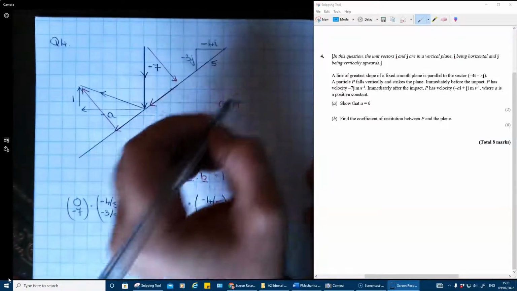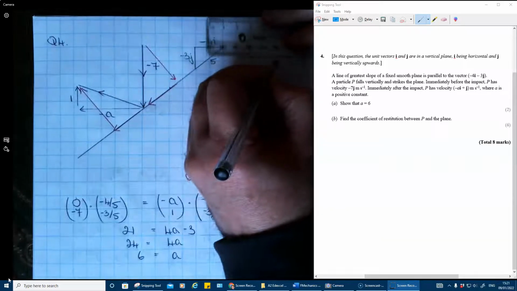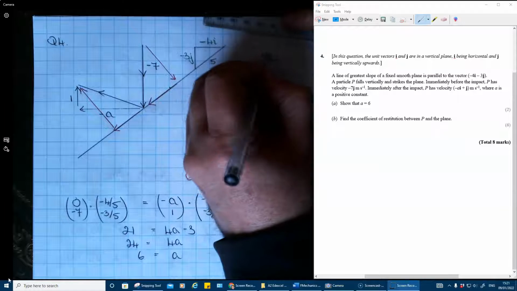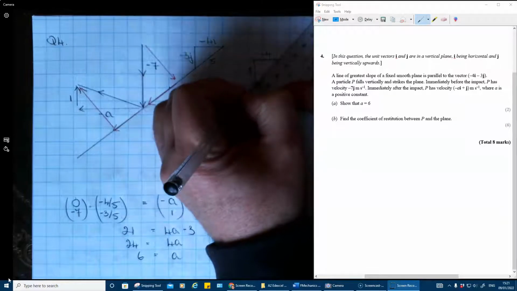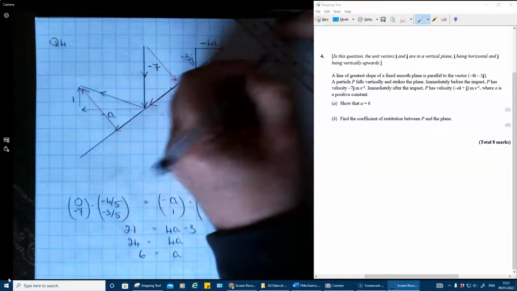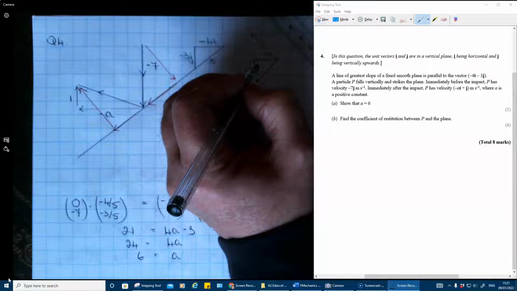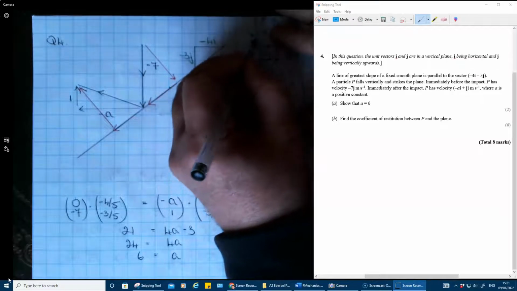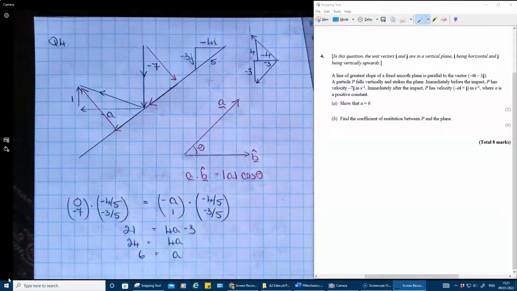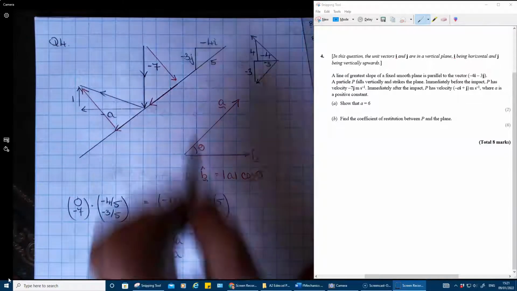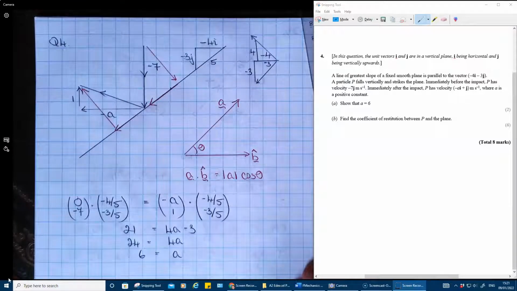So if this is minus 3, minus 4, then the perpendicular one is, if I want to go that way, minus 3, 4. Okay, the negative reciprocal. So rather than minus 3 over 4, I've now got positive 4 over minus 3.